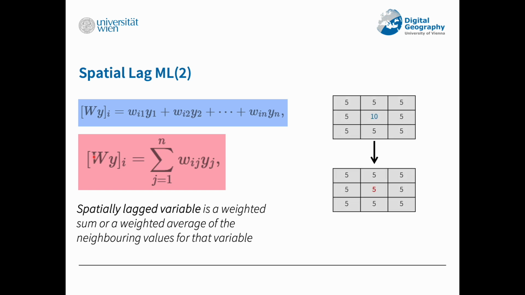In the example here, at the top are the variable values and at the bottom the spatial lag values. So this spatial unit here has a spatial lag of 5 if an equal weighting scheme is applied to all the neighbors, and neighbors are the spatial units that share an edge or a vertex with that unit. Keep in mind that there can be different ways to calculate the neighbors and the weights.